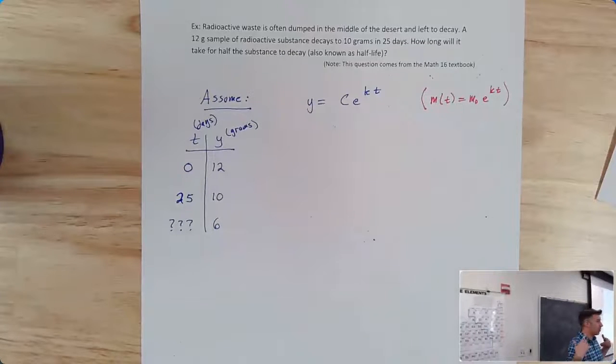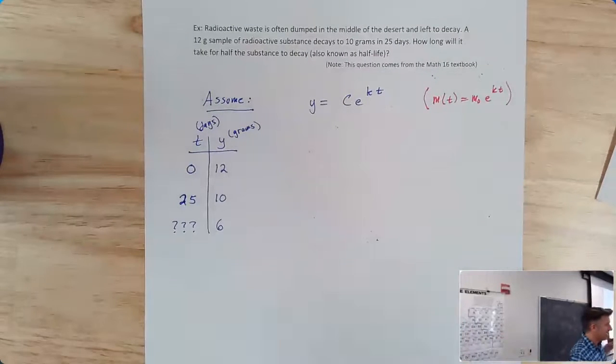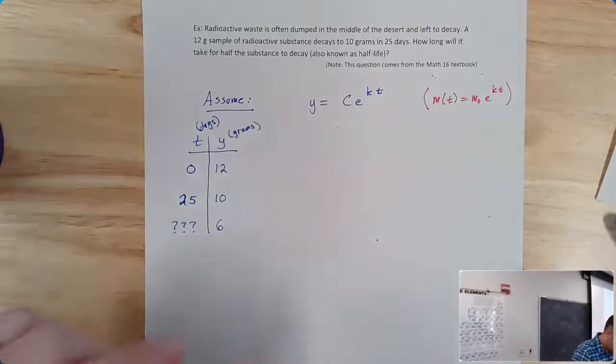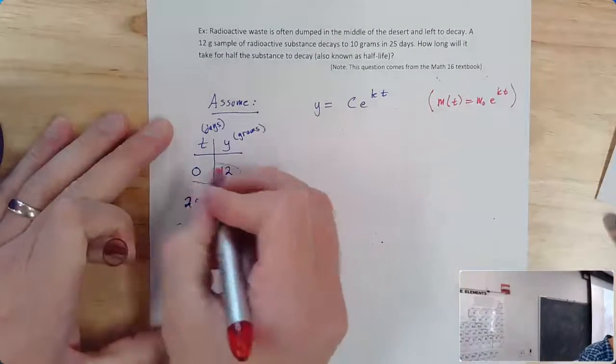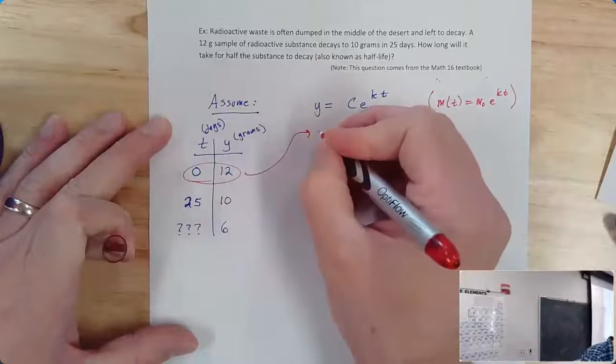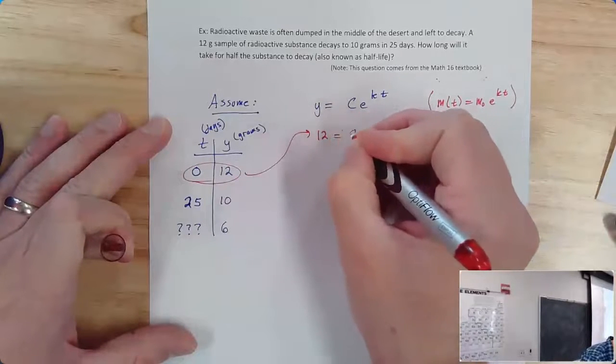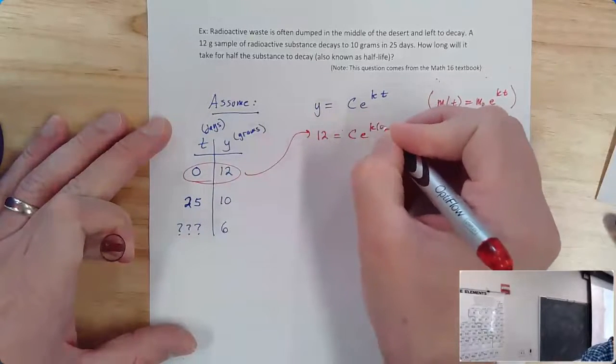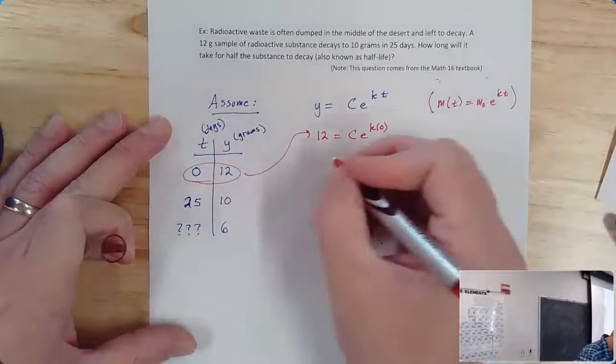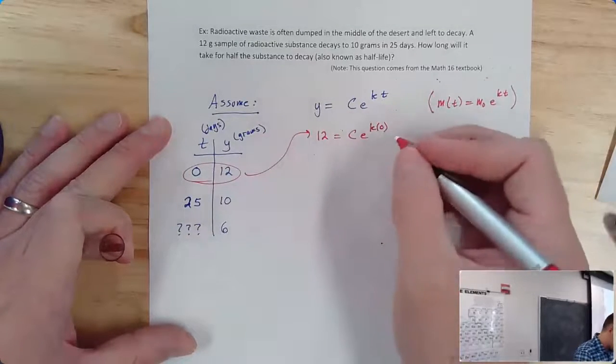I find it really helps me organize my thoughts. So we're going to find all the things. Now you could totally just say right off the bat that C is going to equal 12. But if you don't want to, you can also do the work. You can plug in 0 and 12. If I plug in 0 and 12, I'm going to get 12 equal to Ce^(k times 0). And e^(k times 0) is e^0, which is 1.